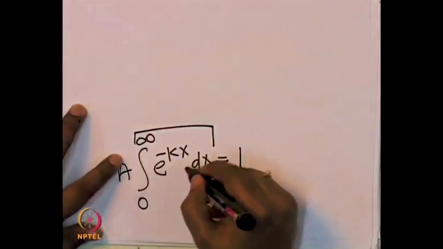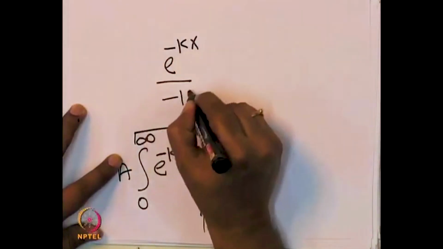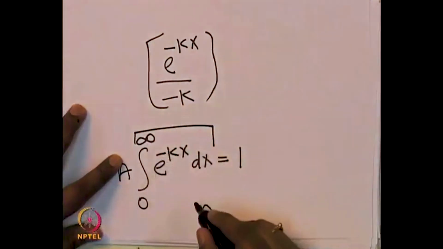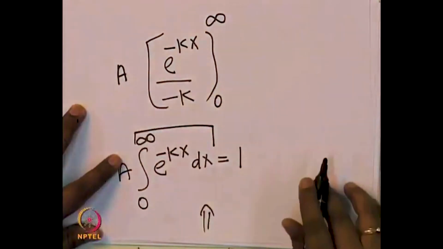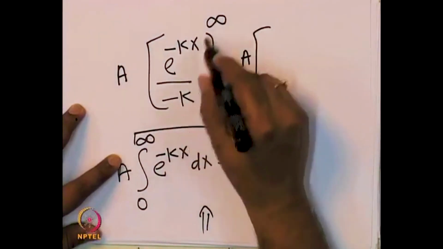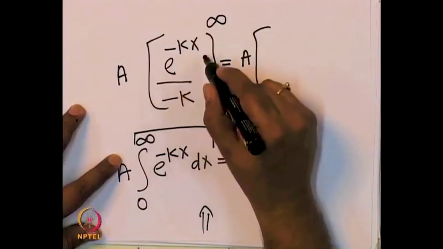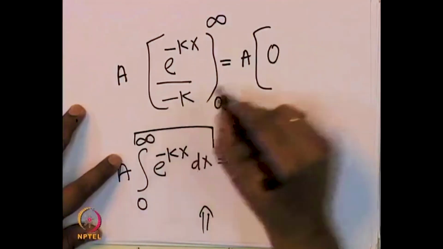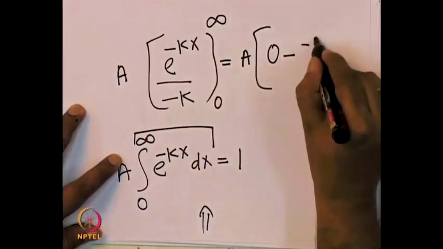The integral of e power minus kx is e power minus kx divided by minus k. This is the integral with limits 0 to infinity, with a constant a here. What is this? This is a times: if you put x equal to infinity, e power minus infinity is 0. So, this is 0, and minus, at x equal to 0, this is minus 1 over k.